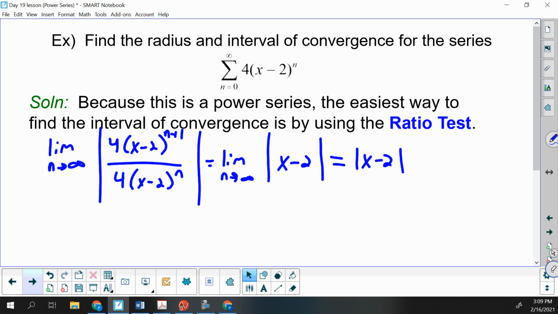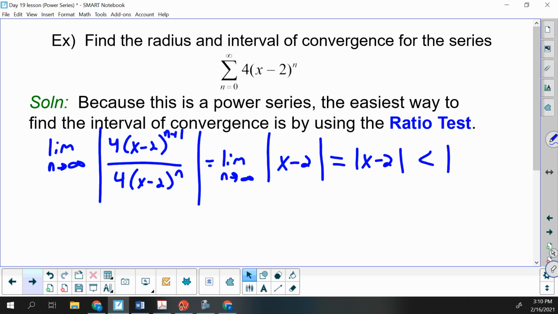Now let's think about what had to be true to converge with the ratio test. We needed our limit to be less than 1. So we're going to throw a less than 1 now on the end here, because we need to know when is that absolute value of x minus 2 going to be less than 1. That will be when it's going to converge. Well, when you have an absolute value, that could be the positive or negative version of it.